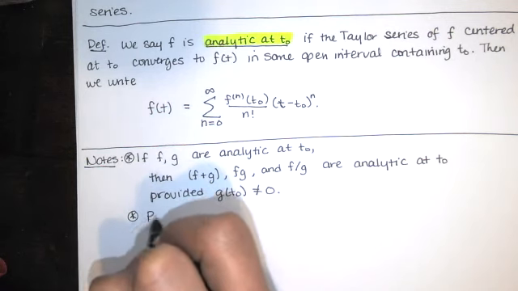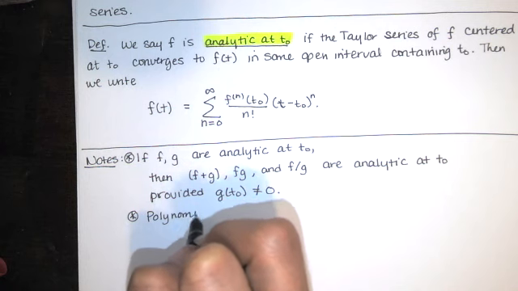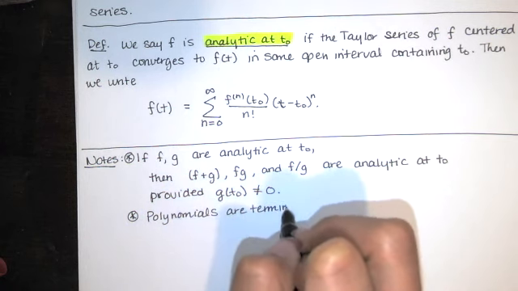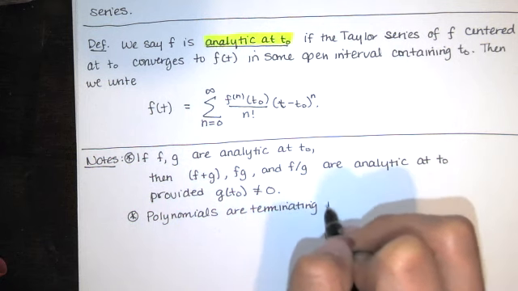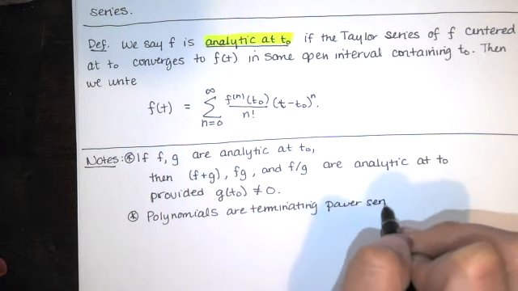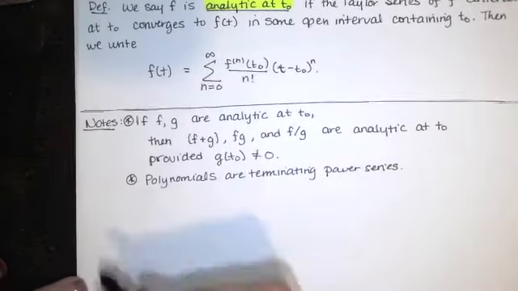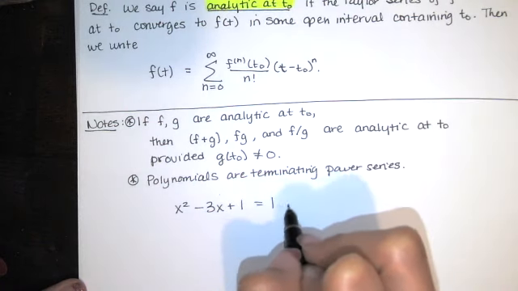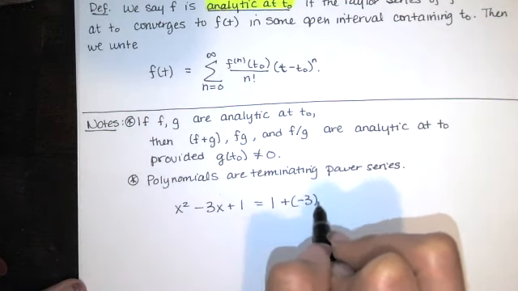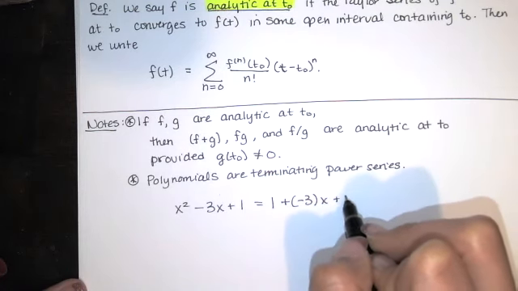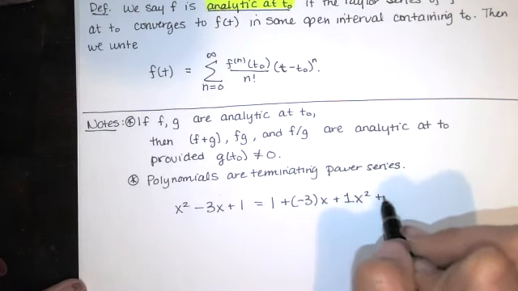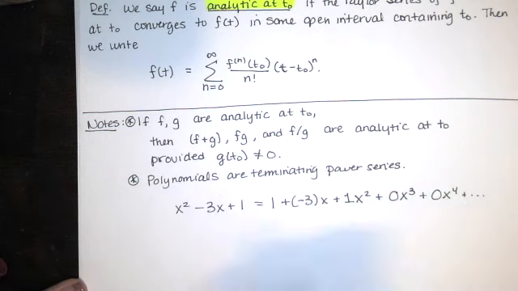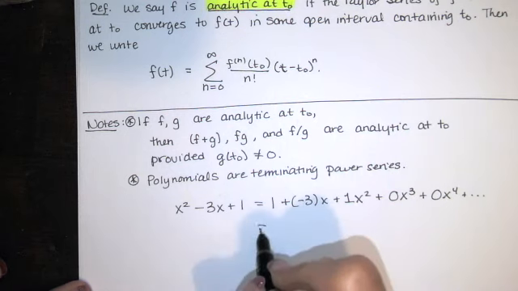Now a couple of other notes. One is that polynomials are just terminating power series. So if I have a polynomial, let's just say x squared minus 3x plus 1, I can think of that as 1 plus negative 3 times x plus 1 times x squared plus 0 times x cubed plus 0 times x to the fourth, and so on. So this is a power series.